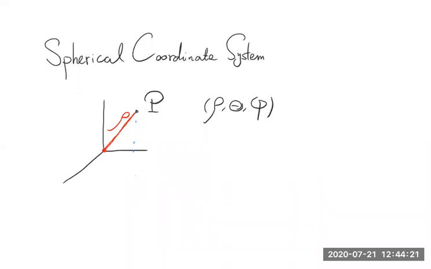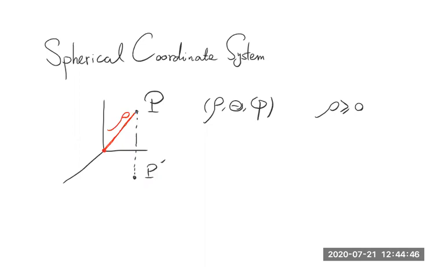Okay, so here we have rho, one of the numbers. We have two angles, theta and phi. What are these angles? Well, I should say rho is a distance, so it's greater than or equal to 0. Again, like the previous case, we can look at the shadow of P on the ground, which we show with P prime.